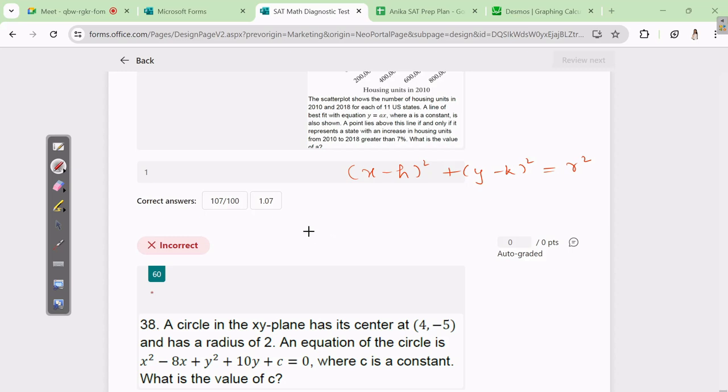Okay, you have to keep that confidence in yourself. If a question is of equations of circle, all you need to know is this expression. And you can do any type of question.